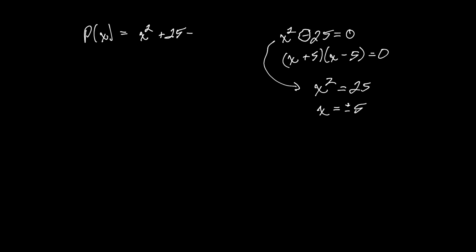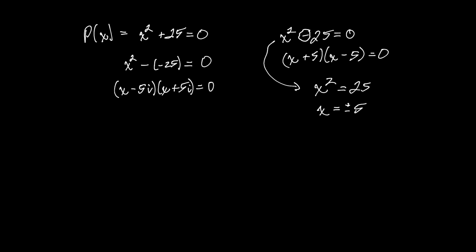So in looking at this, I could do one of two things. I could see it as a minus, a negative 25, and then look to factor it. Well, the square root of negative 25 is going to be 5i. So I'd have x minus 5i and x plus 5i.